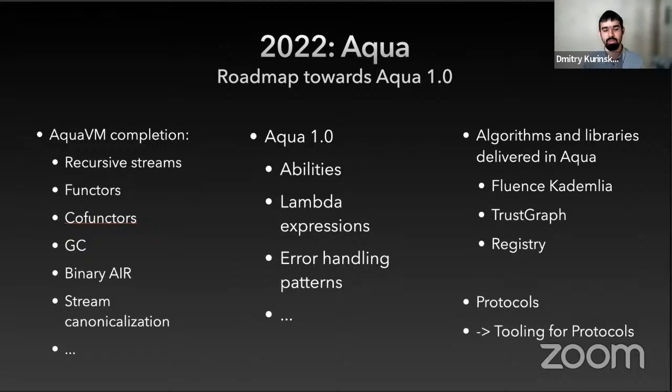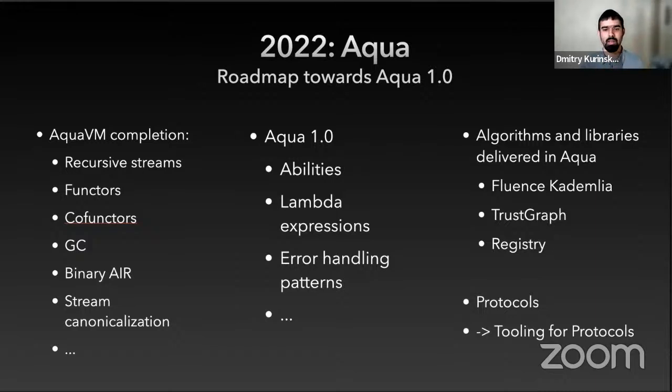And there is a huge list of fundamental capabilities that we are missing now and that are in development currently, like recursive streams, functors, cofunctors, garbage collection, binary error representation, stream cannibalization, and some more. You can take a look at the Aqua VM repository if you're curious.